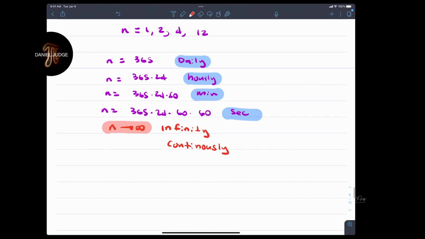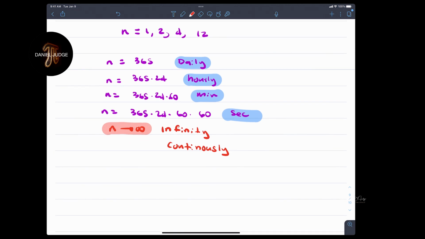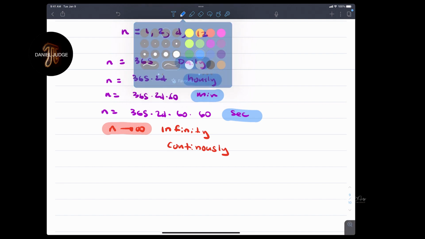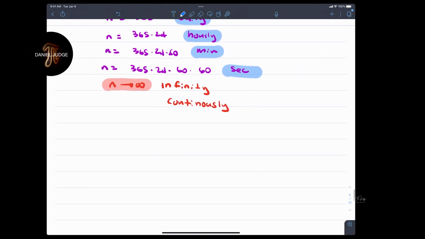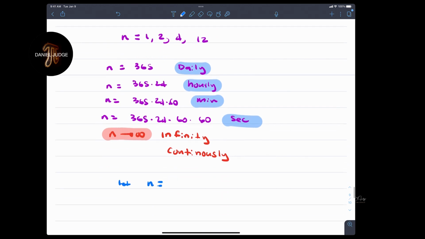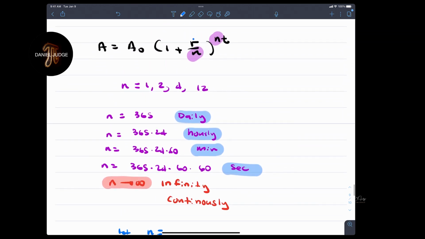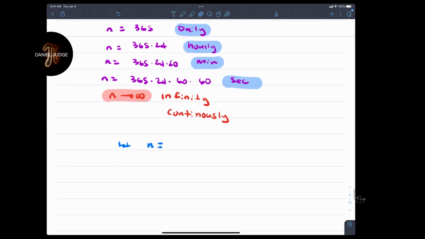So here's the thing about it. This is what we call continuous interest. So in order to do that, I'm going to let x be the ratio now. I'm going to have to get some information out for you guys.